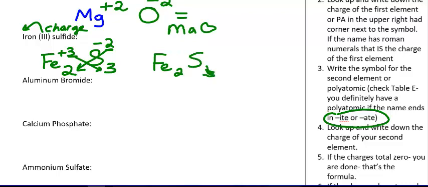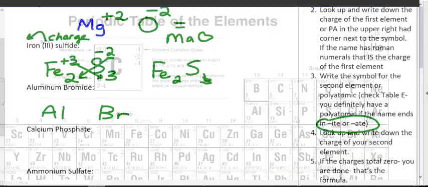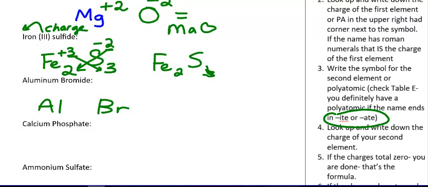We'll do another example, aluminum, Al, bromide, Br. We go and look up their charges. Aluminum is +3, bromine is -1. Remember, your metal is always positive. You might want to make a note of that. And your non-metal is always negative. So aluminum's +3, Br's -1.